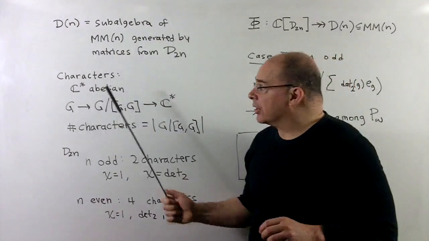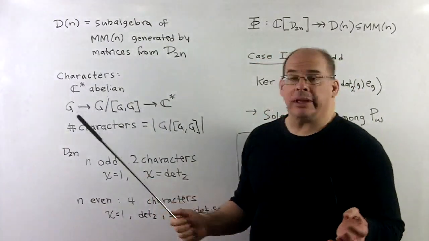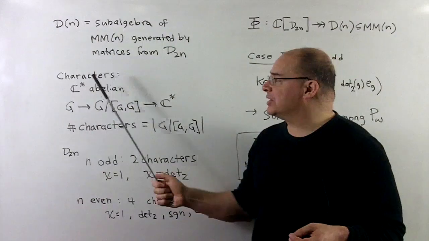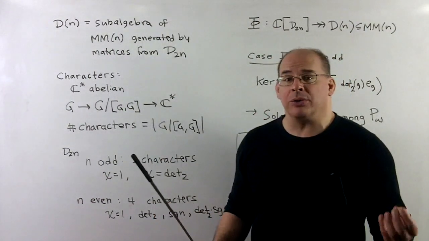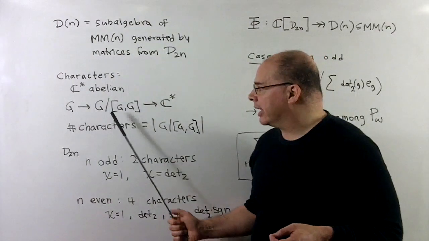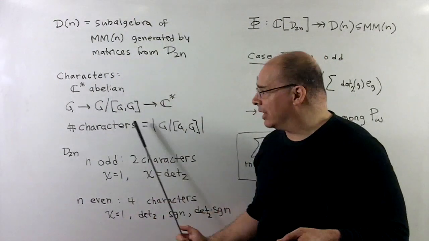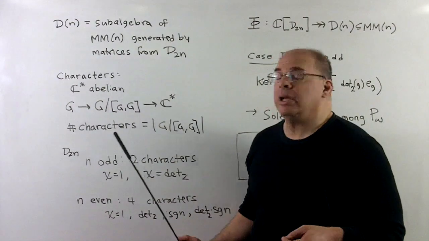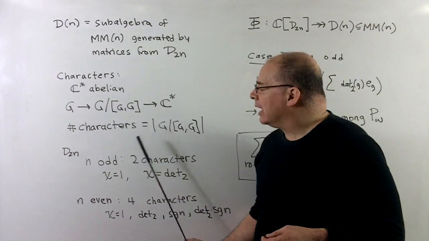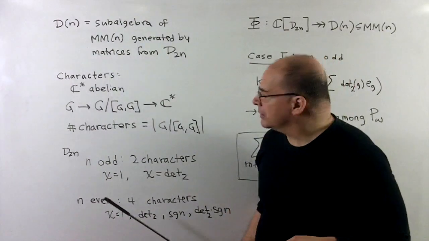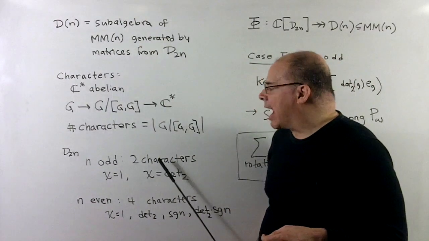Let's return to characters. In general, characters are homomorphisms into C star, which is abelian, which means characters have to factor through the abelianization of the group. That's just G mod the commutator subgroup of G. Turns out this also counts the number of characters for G. In the case of dihedral groups, when n is odd, there are two characters.